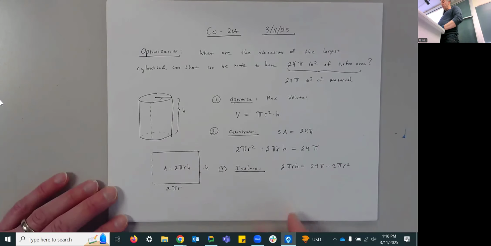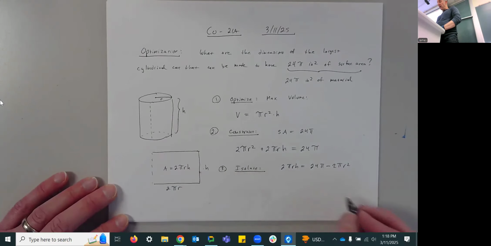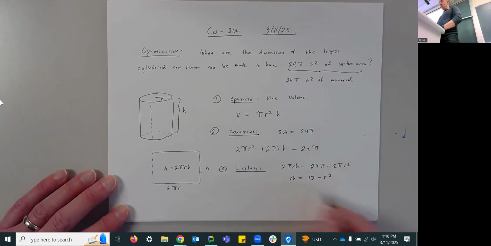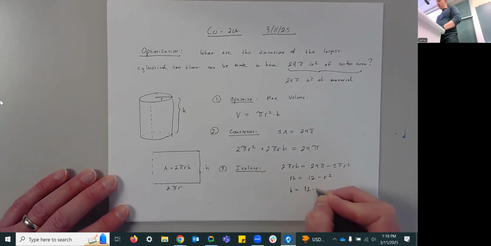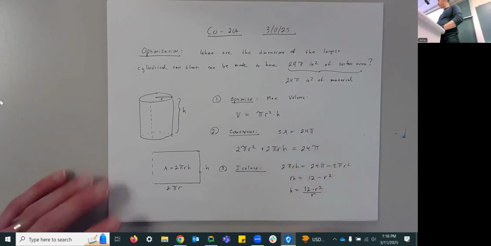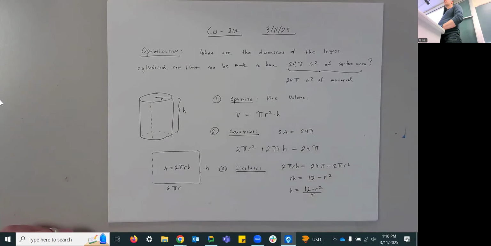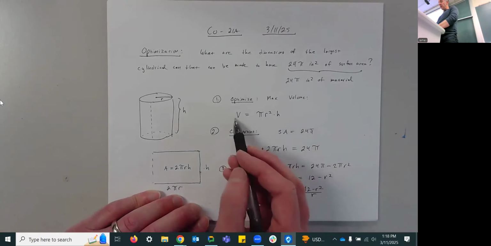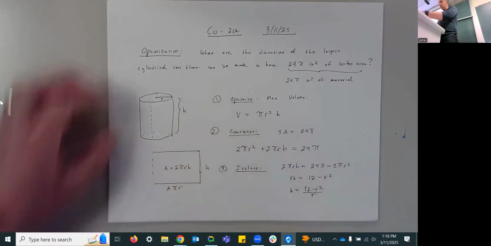Let's do something easy first. Divide both sides by 2 pi. Then r h is equal to 12 minus r squared. And then divide both sides by r. Then h is equal to 12 minus r squared, all divided by r. Now that we have h in terms of r, we can take that and plug it in to the thing we're trying to maximize.